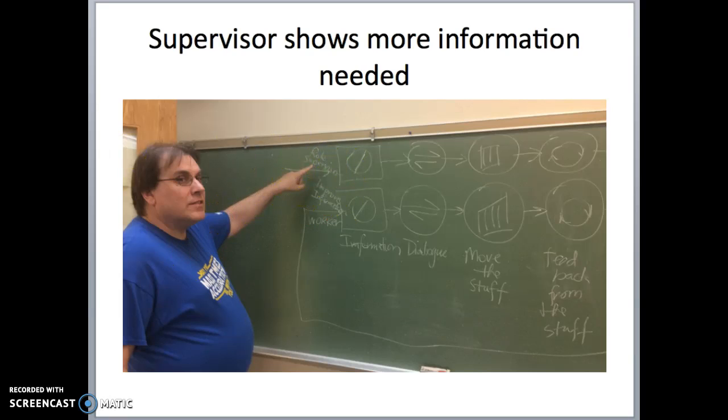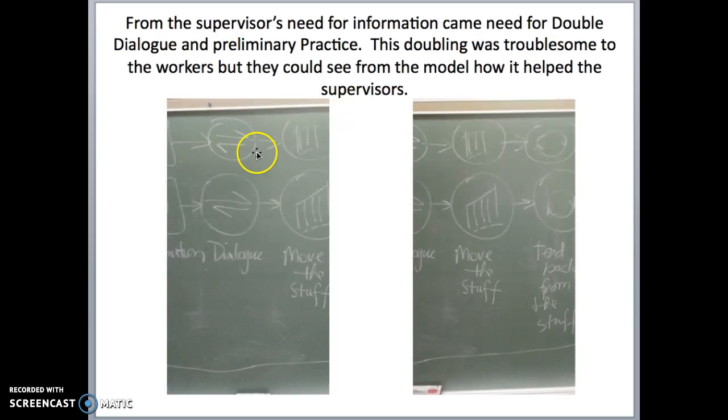He's agreeing with us that the supervisor needed information before they could impart the information to the worker. And so this shows where the workers were having their frustration, because everything was getting done twice. From the supervisor's point of view, they had to walk their way through and talk it through, and they had to imagine themselves moving the stuff, and then imagine the stuff fitting there, and so all of this had to be done double.